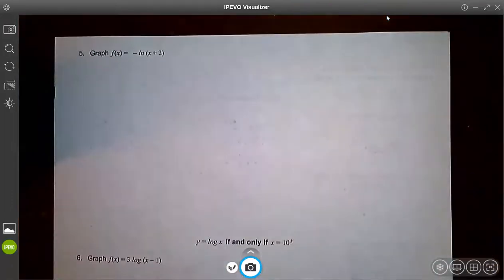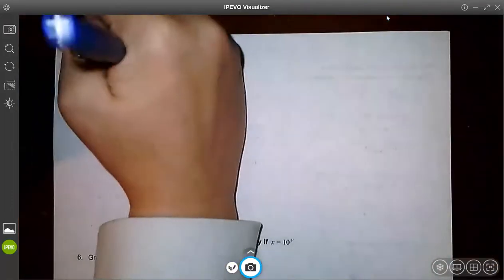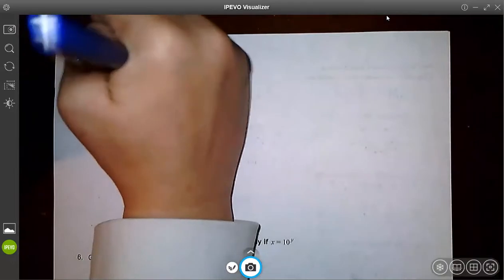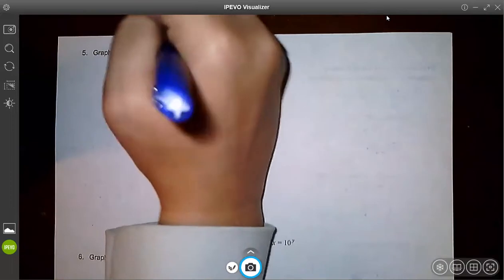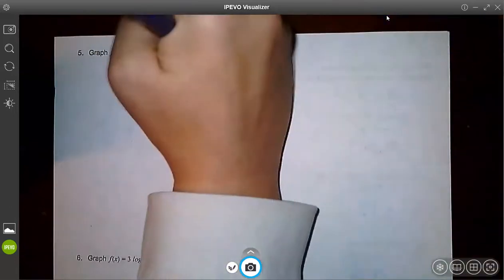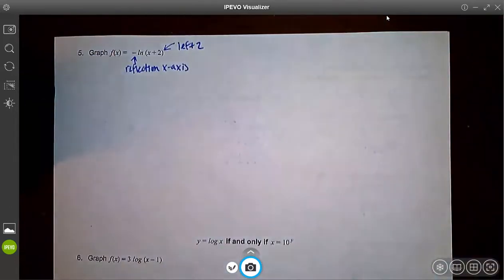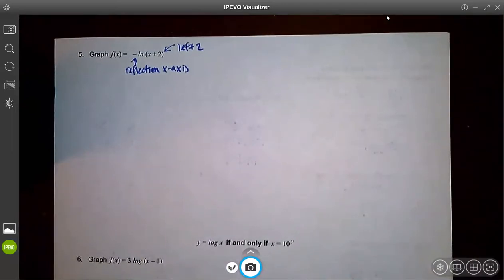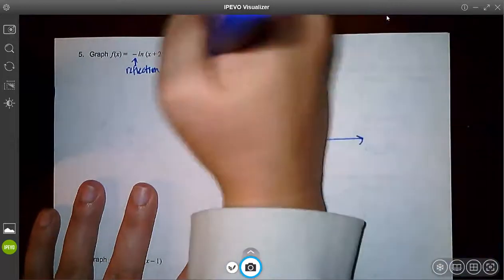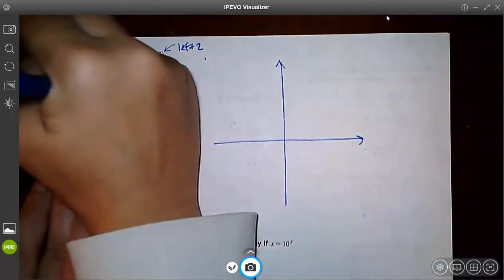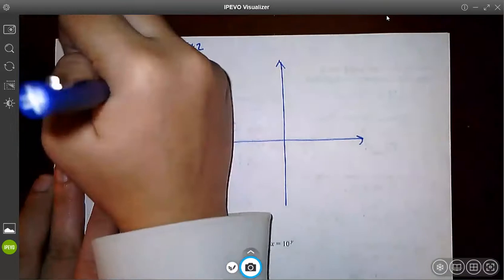Moving on, I'm going to start by graphing. This one is a reflection with respect to the x-axis. And this +2 means we're going left 2. So our parent function, y equals the natural log of x, has a vertical asymptote at 0. This means we're going to have a vertical asymptote at x equals -2.